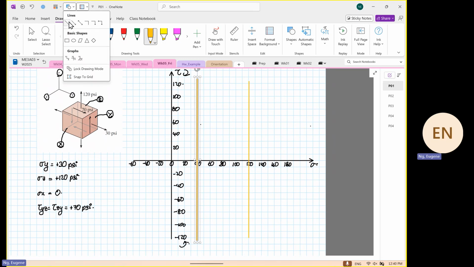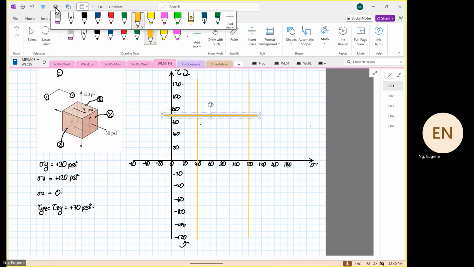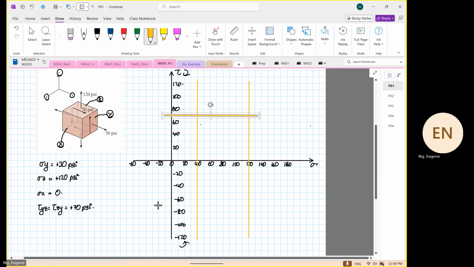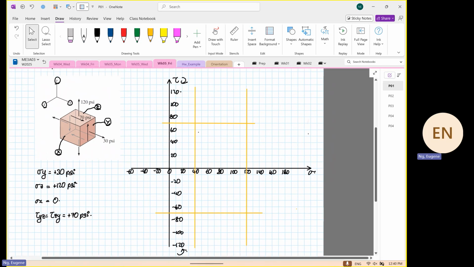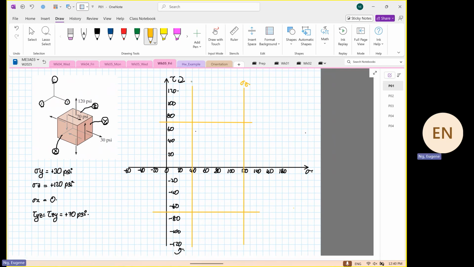Whether it is positive 70, negative 70, we just draw a 70. Okay, that's our 70 now. So I'm going to label this over here. This is our stress Z line. This is our stress Y line. And this is our stress X line. Okay.